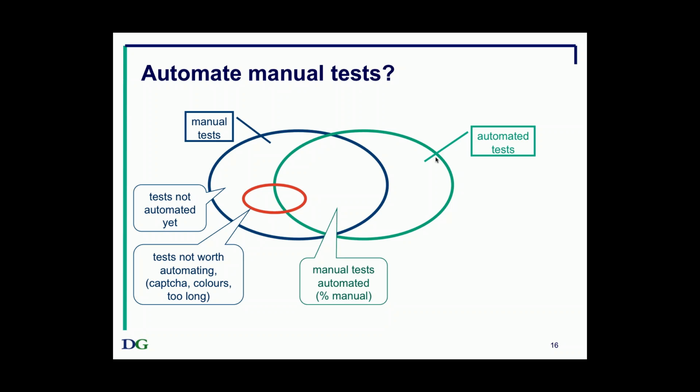But the other side of this coin is if you think only of automating your existing manual tests, you're really missing a trick with the automation, because there are things that can be done with automation that are difficult or impossible to do manually. If you're testing manually, you can see what's on the screen and say, oh, that looks about right, but you don't know whether your GUI objects are all in the right state.